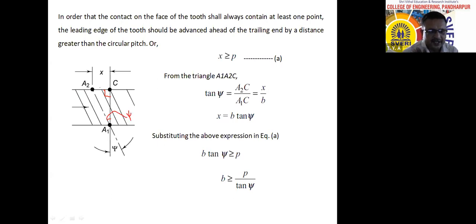Tan of psi is A2C divided by A1C, therefore X divided by B. This distance is nothing but B. Therefore, tan of psi is equal to X divided by B, where X is equal to B tan psi. Substituting the above expression in equation A, we get B tan psi is greater than or equal to P. Therefore, B is greater than or equal to P divided by tan psi.